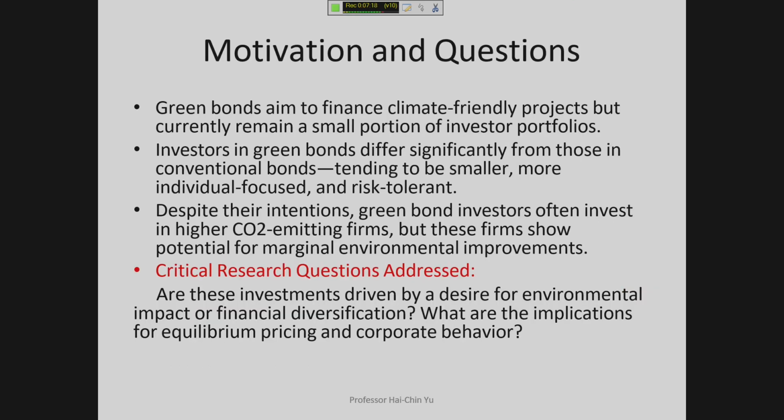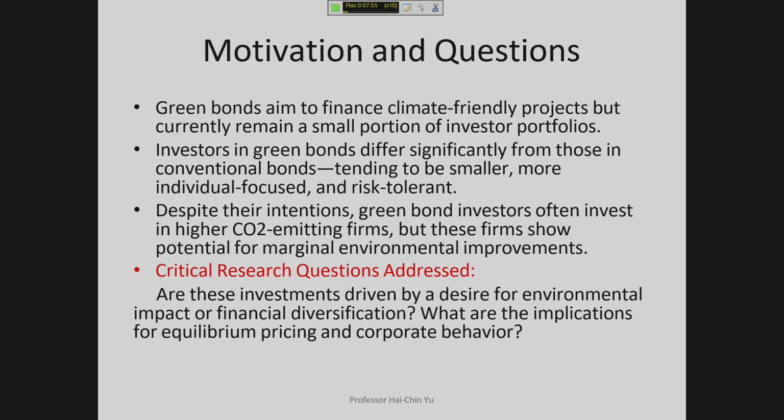So the motivation and the question of this paper have a lot, but because green bonds actually aim to finance climate-friendly projects, but currently they are a very small portion of the investment portfolio. So investors in green bonds differ significantly from those in traditional bonds.